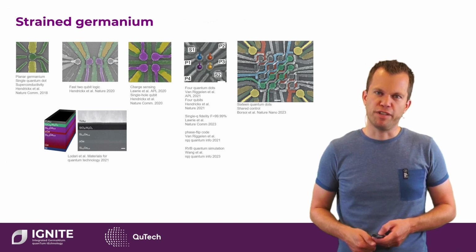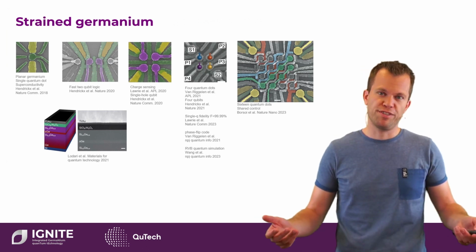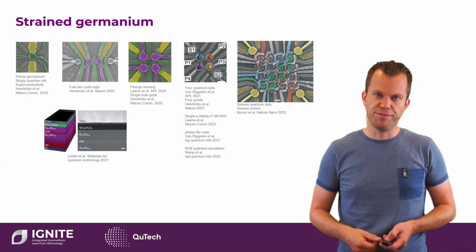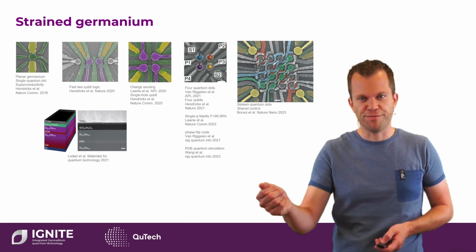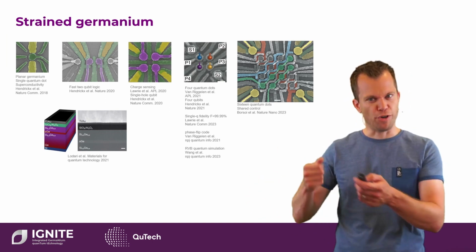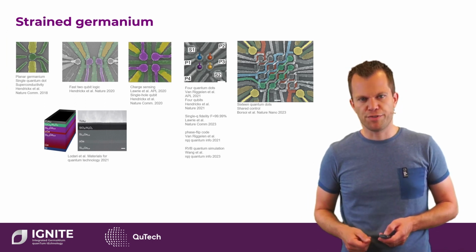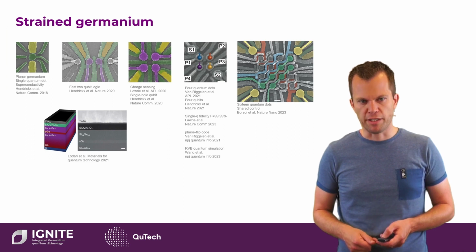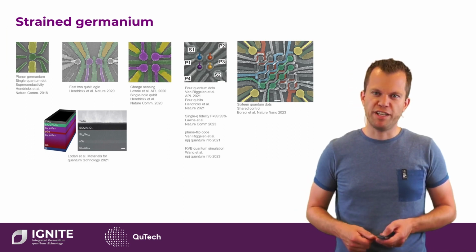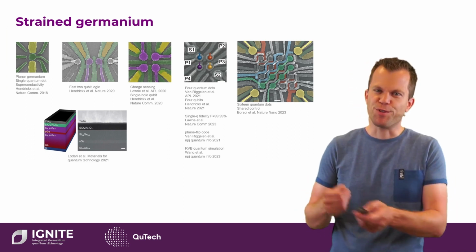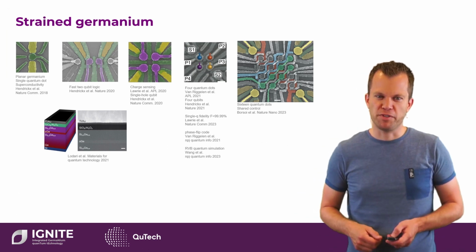Let's first see the development on the materials. Of course, the better the material, the better the devices later on. The better the fabrication, the more uniform we can define our system. In the last few years, we've seen a strong push on strained germanium. In 2018, we were just growing the material, making the first quantum dot.